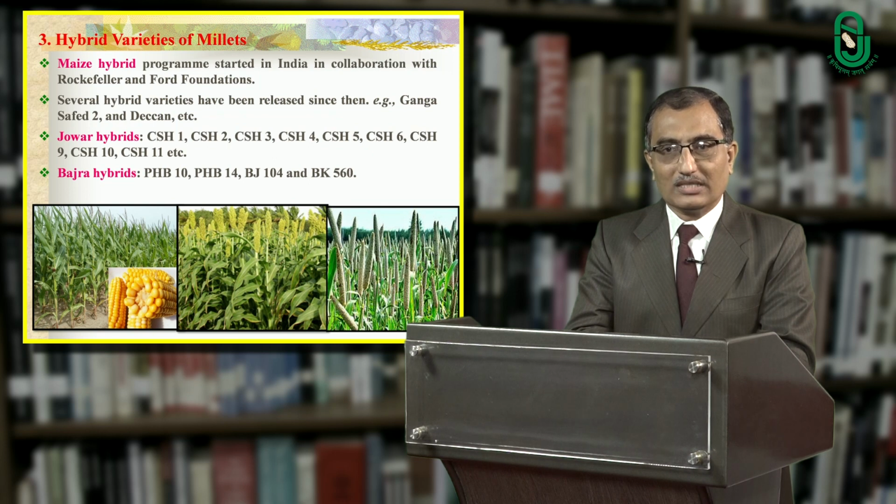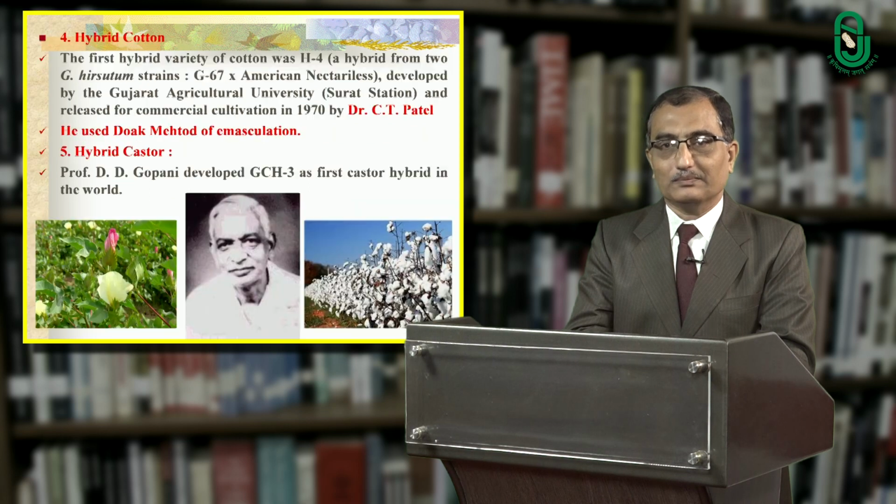In bajra, pearl millet, PHB 10, PHB 14, JB 104 and BK 156 are the different hybrids developed by Punjab Agricultural University as well as Gujarat Agricultural University in the past, and you can see the photographs of these hybrids are very excellent and uniform.